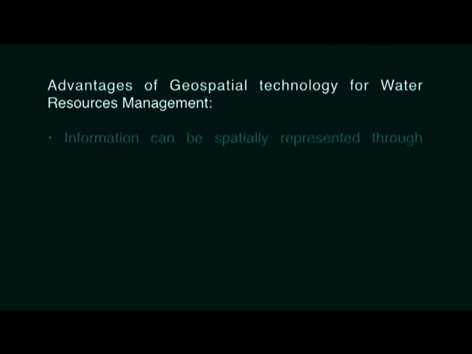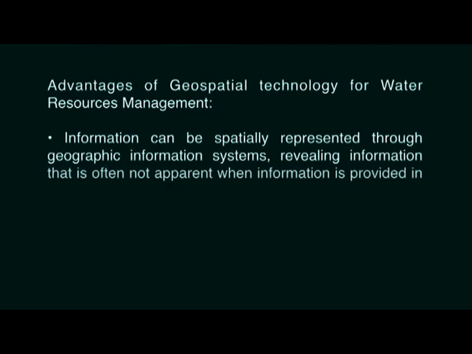And the fifth one is that information can be spatially represented through geographic information systems, revealing information that is often not apparent when information is provided in tabular form.